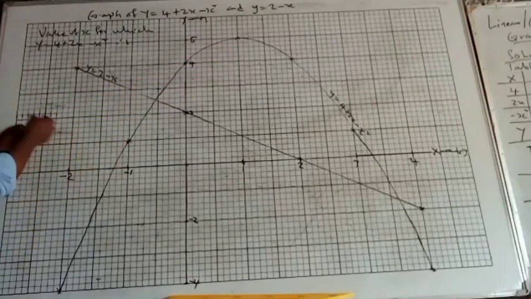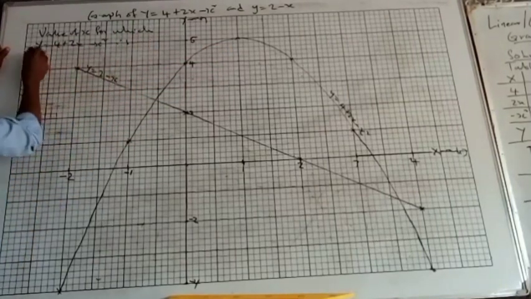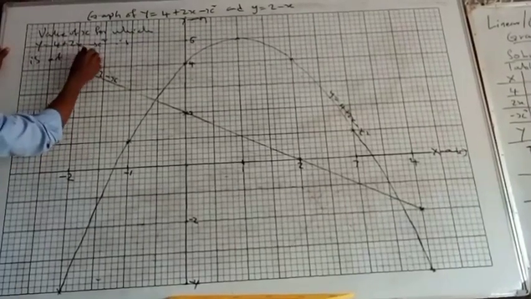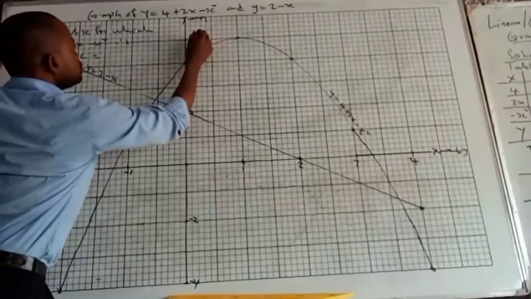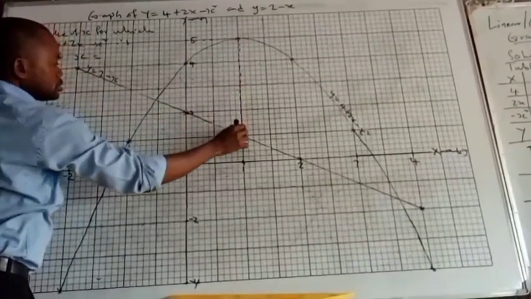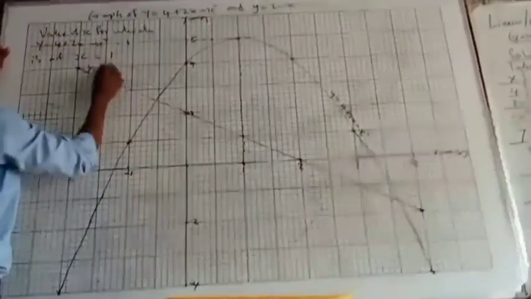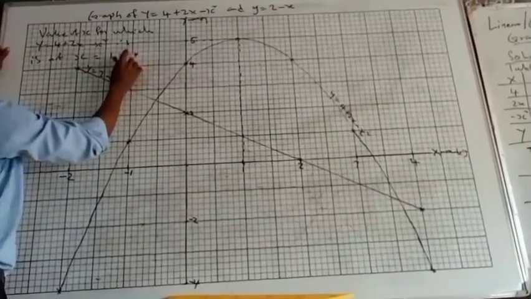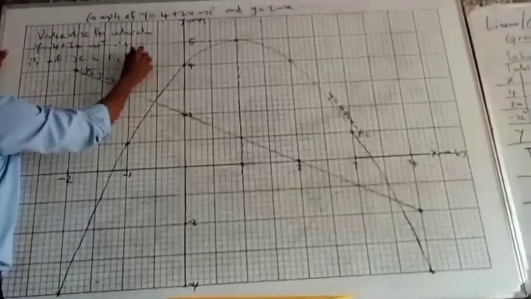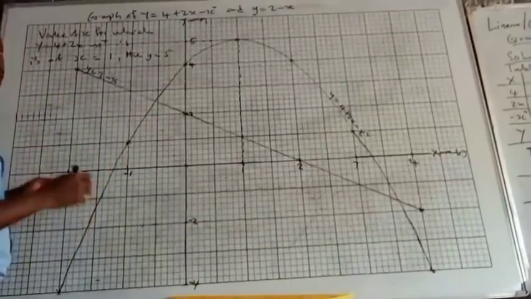Now, you will say the value of x for which this is maximum is at x equals to, look at this, what's the value of x here? 1. At x equals 1. And you can say the y value is y equals 5.